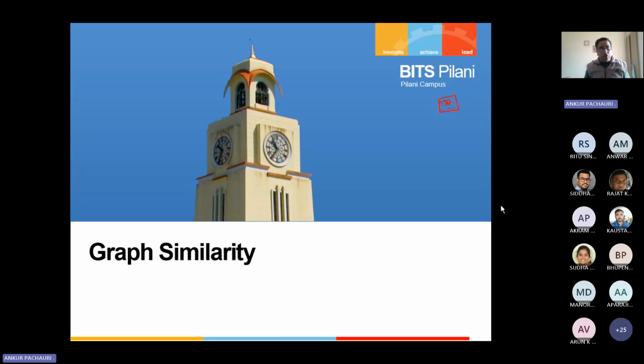I cannot do that because the graph has a property that one node can be connected to the last node of the graph as well. So the first node and the last node of the graph can also be connected directly, or one node can be connected to the middle as well.